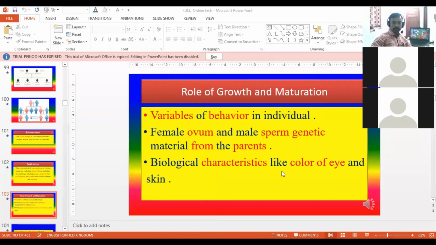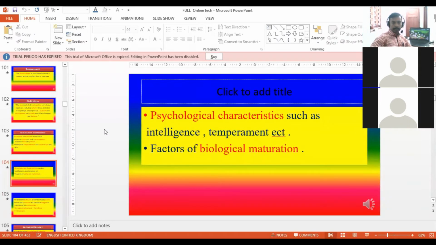Biological characters like color of eyes, skin, height, weight, like this. Psychological characteristics such as intelligence, temperament, etc., as well as factors of biological maturity.